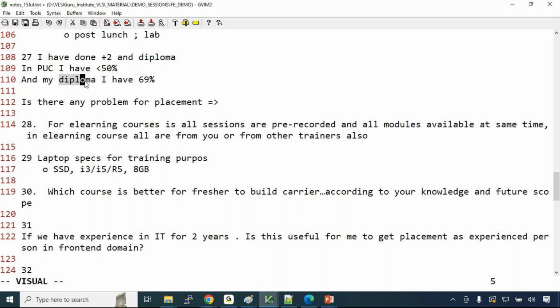If they want to hire 5 people, in the market already 20 people are there from BTech BE background. So they're okay to hire from BTech BE, right? Why should they hire diploma? That's the company perspective. So if you are from a diploma background, I don't encourage you to do the VLSI course.